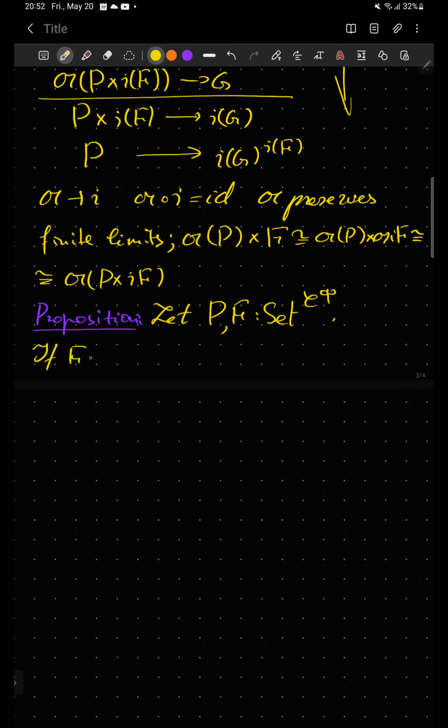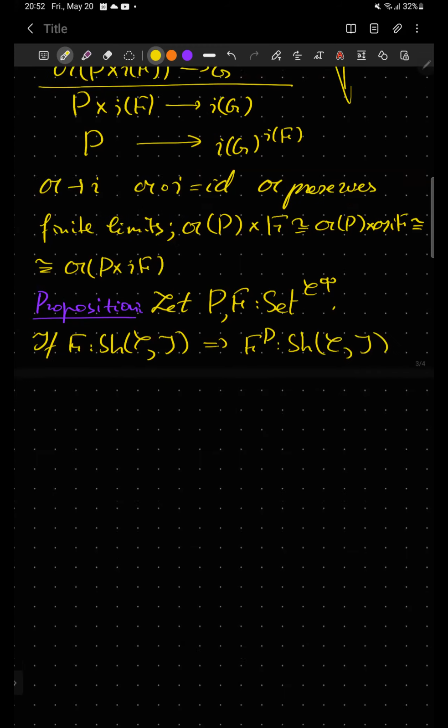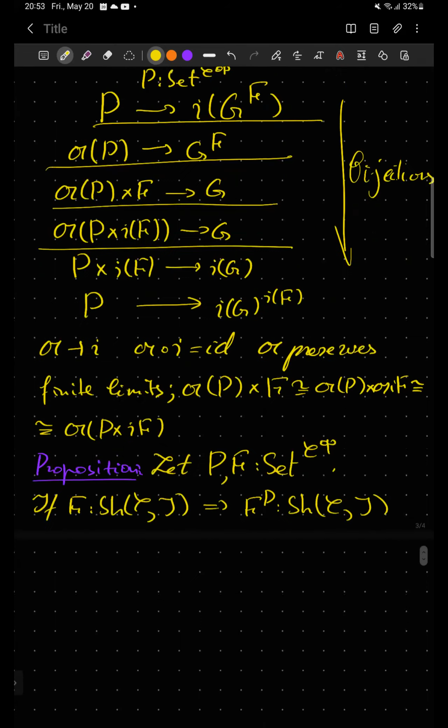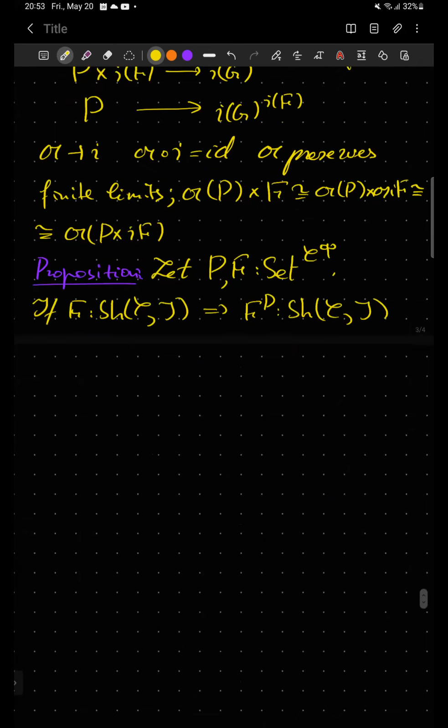If F is a sheaf on the site C, J, then the exponential in pre-sheaves is also a sheaf. The proof of this proposition is quite complicated and very technical, so I will skip it in favor of giving two examples.